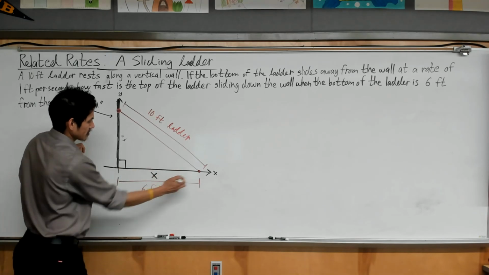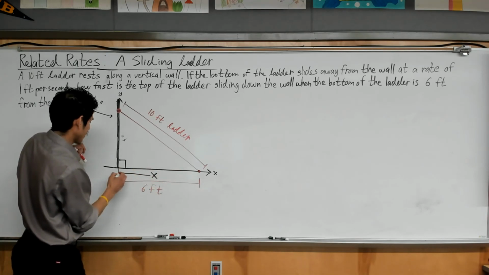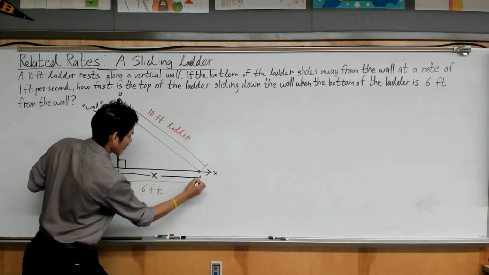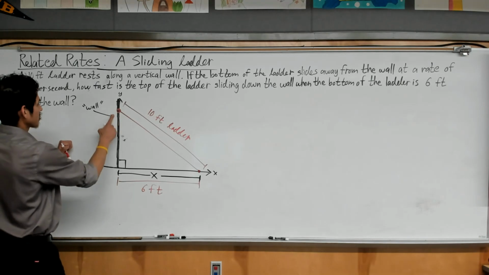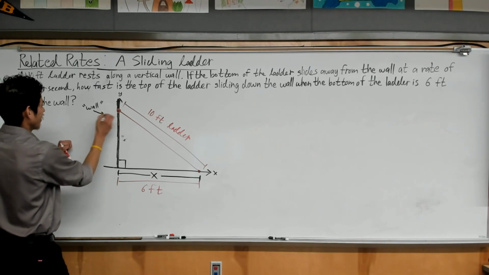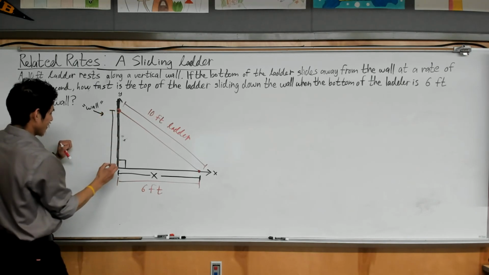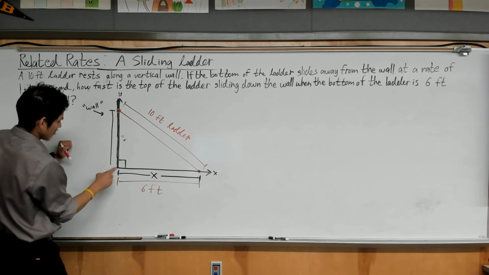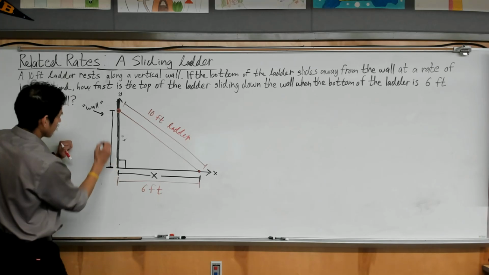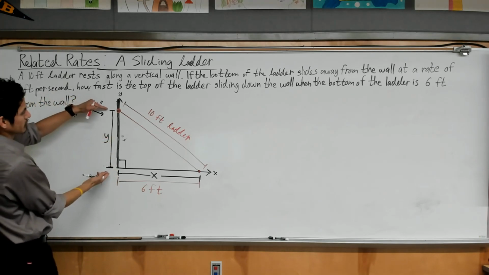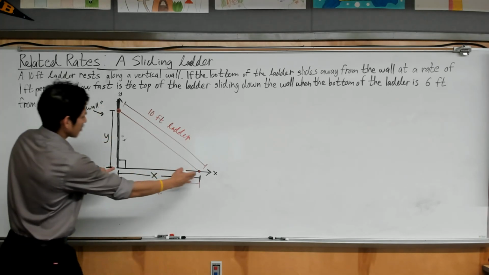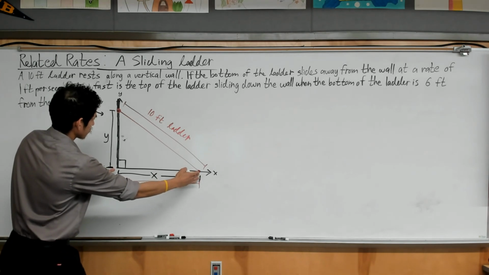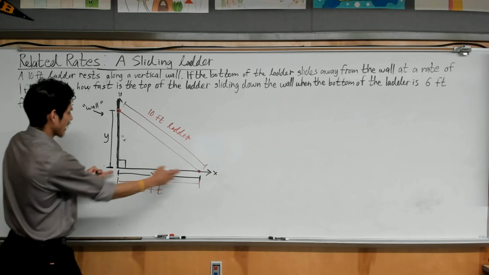The length from here to here is x, and the length from here to here is going to be y. So this height is y, and this width, or the distance from the ladder to the wall, is x.